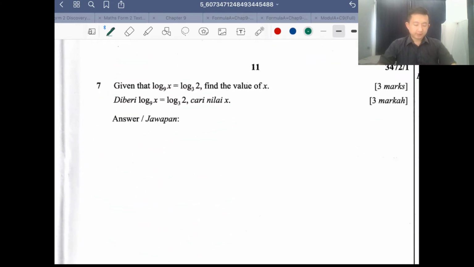Question 7. Find the value of x. The logs are with different bases, 9 and 3. Same thing. The first step, we change them to the same base. We're changing 9 to 3. This is the formula that I use.